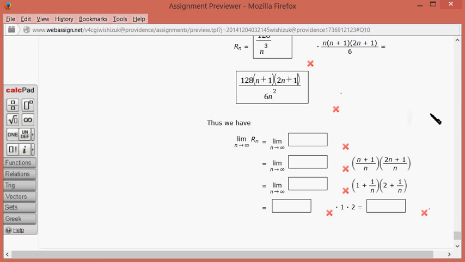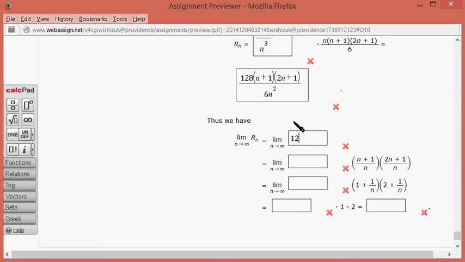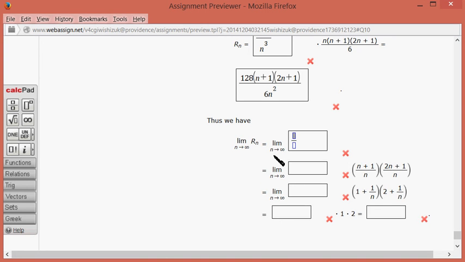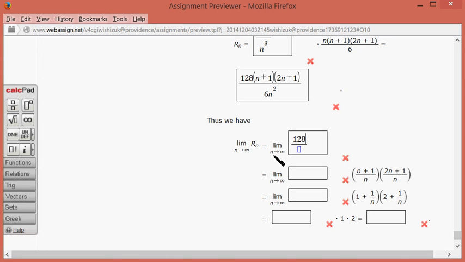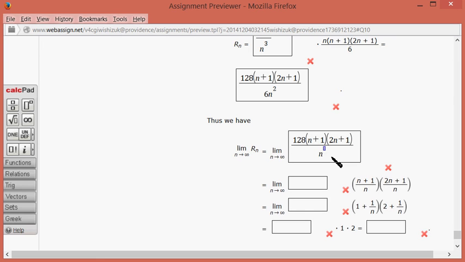Alright, so we have exactly the same thing. Maybe I should do a fraction. 128 and parentheses n plus 1, 2n plus 1 over 6n squared.